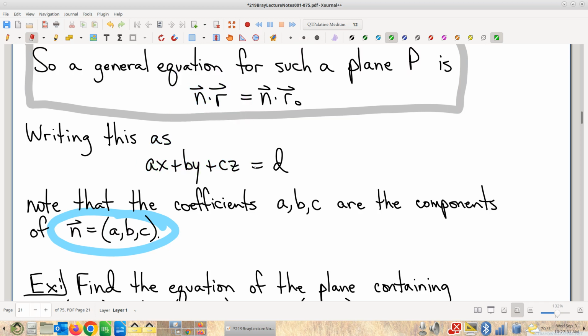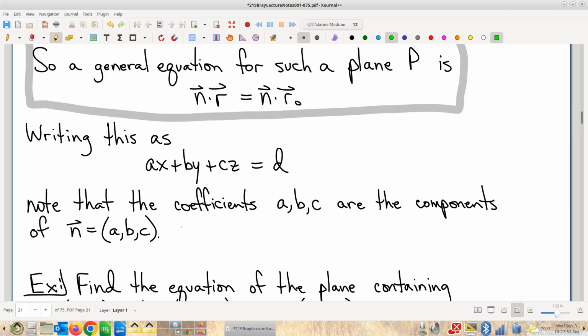And so there's a couple of takeaways, tools for your toolbox. If you know any normal vector for your plane, you already know most of the equation. Whatever that normal vector is, A, B, C, that's your coefficient.